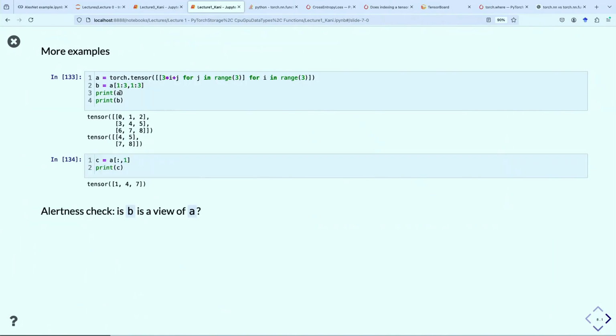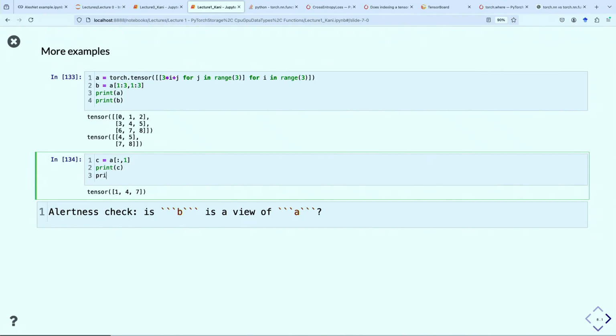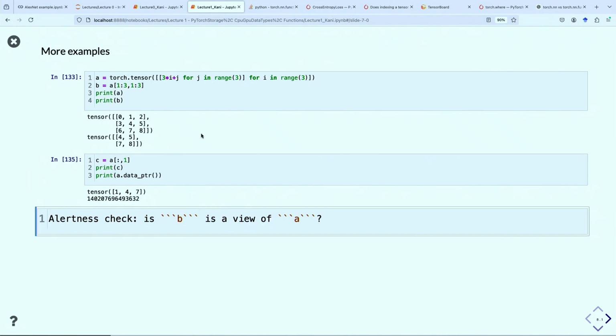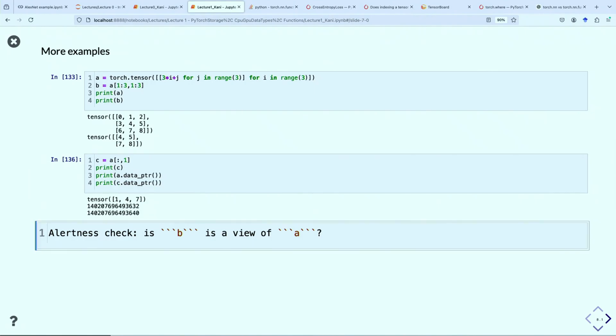So I want to print A.data_ptr() and C.data_ptr(). They do look to be different. Wait, are they different? Yes.